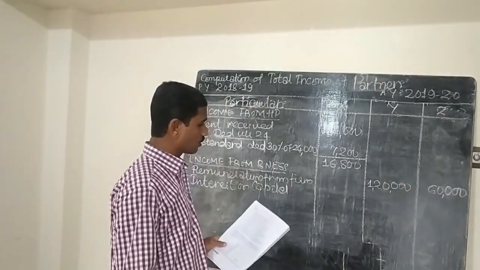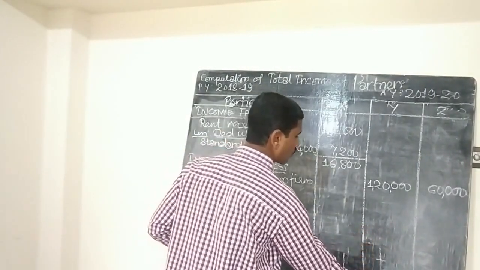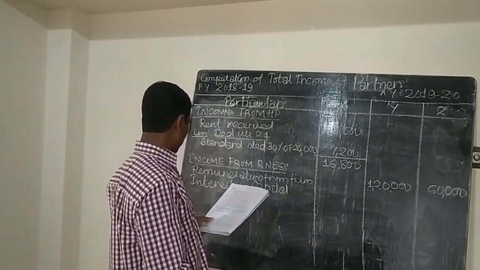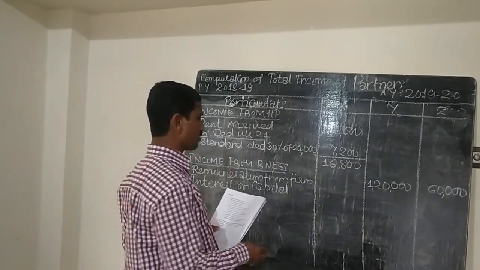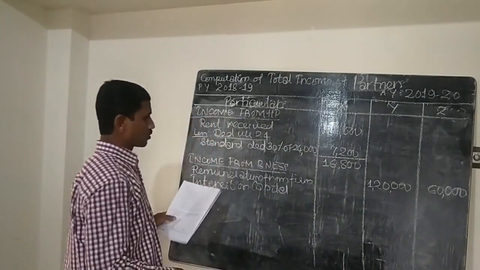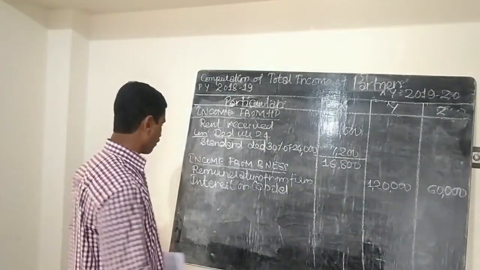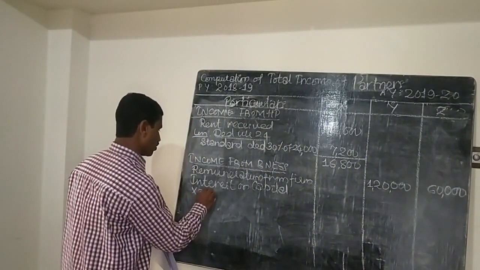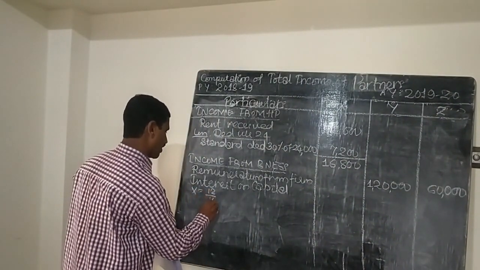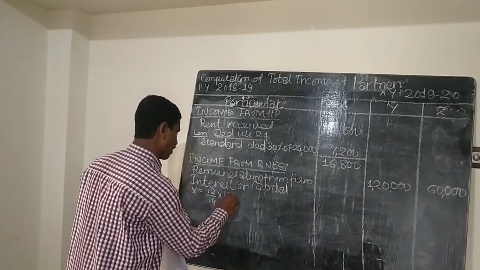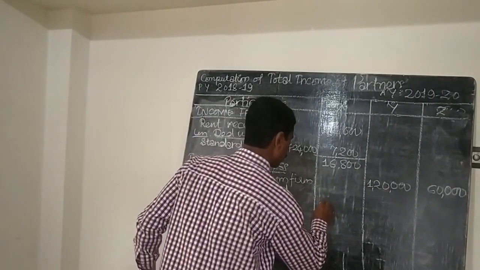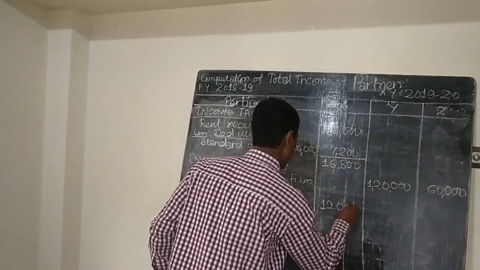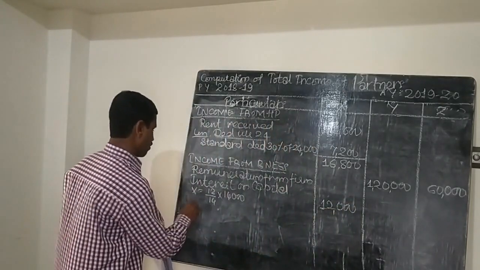So 2% is disallowed, on which the firm will pay here. So now in case of X it is 14,000, so 2% is disallowed. So what we can do here, for X, 12 by 14 into 14,000, that comes to 12,000.